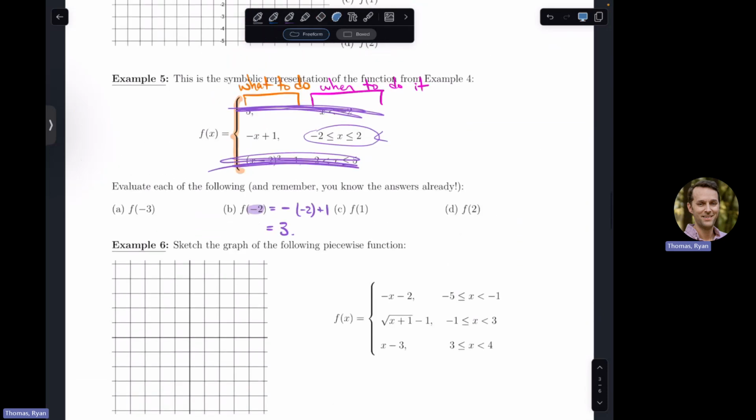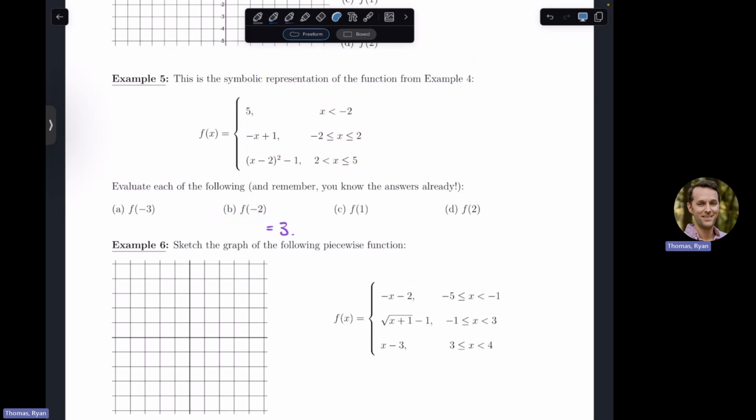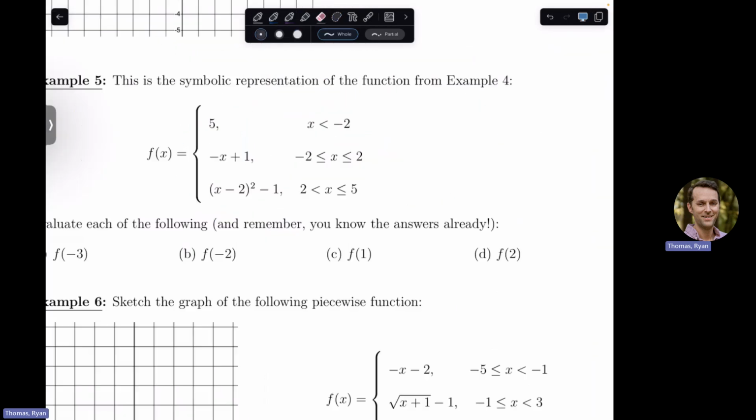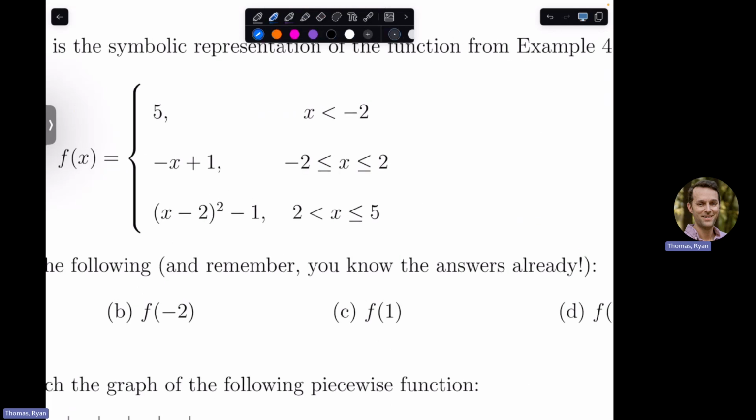Again, the main thing to take away from that is how to evaluate a piecewise function. So for this function, if I wanted to find f of 4, what do I need to do? Okay, why?